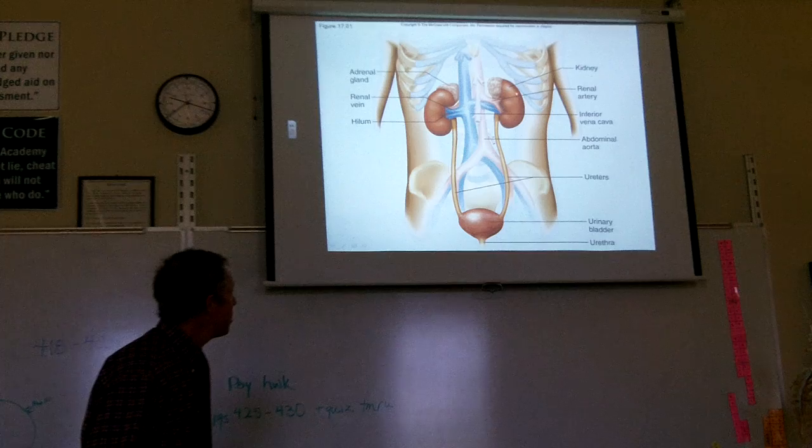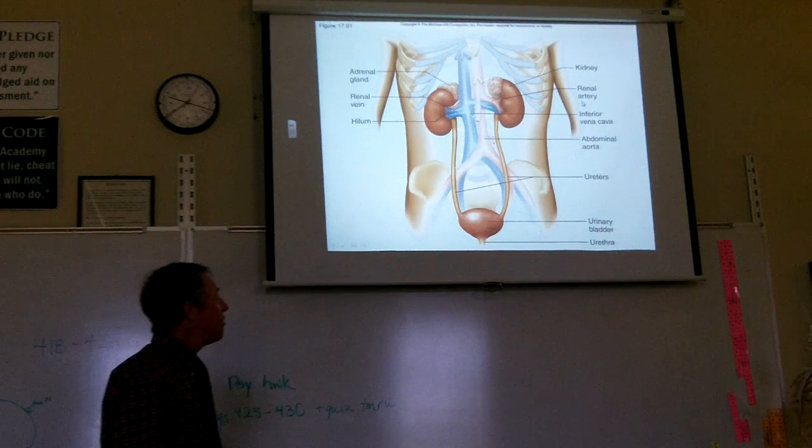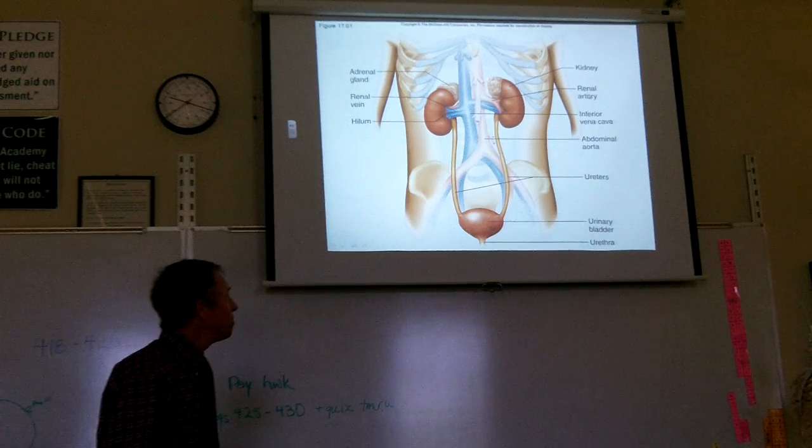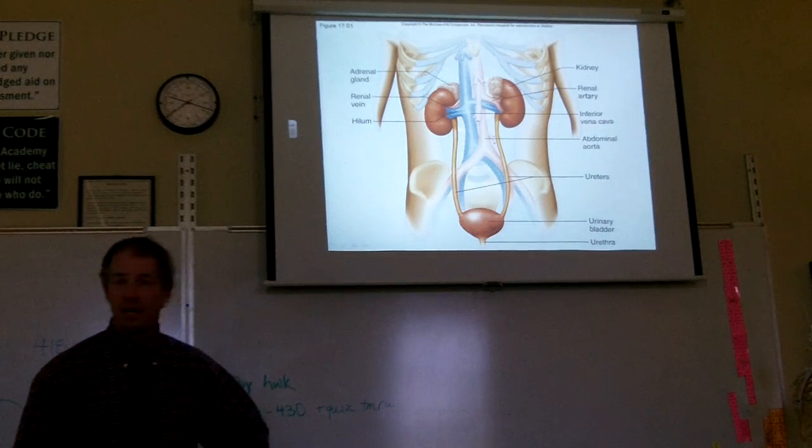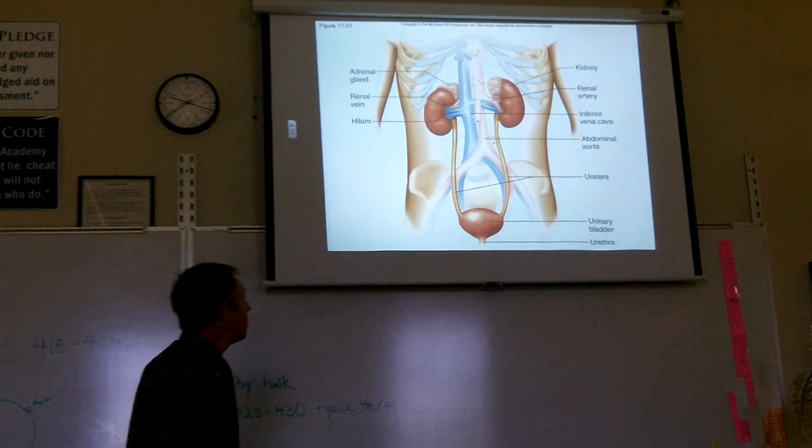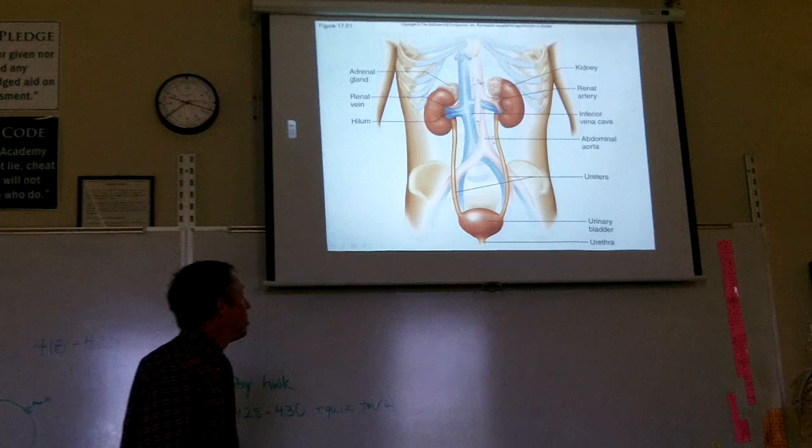One branch goes to the left kidney, and another branch goes to the right kidney. We call that the renal artery. If you ever see the word renal, that means kidney. Okay? And some of the blood goes into the left kidney, some goes into the right kidney.